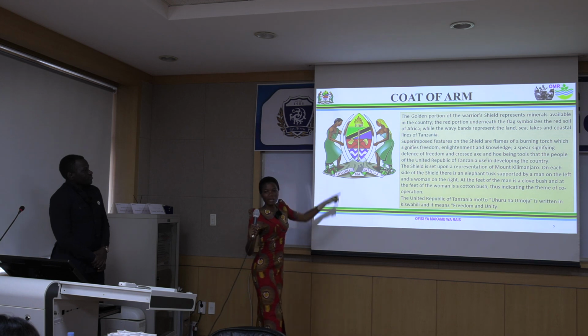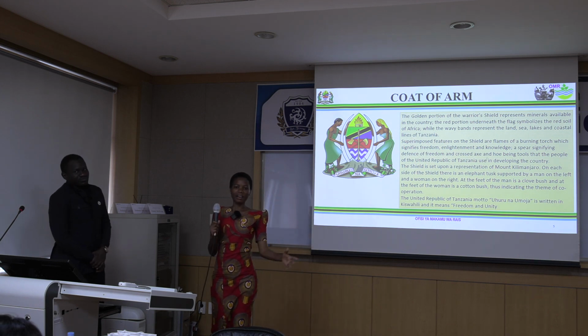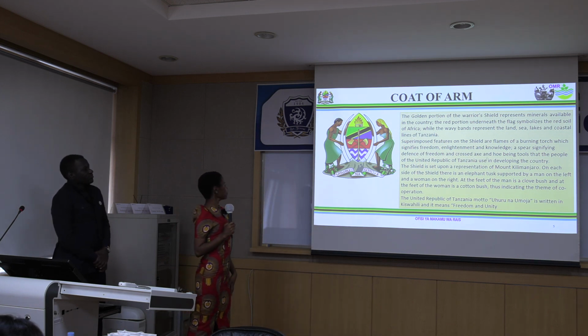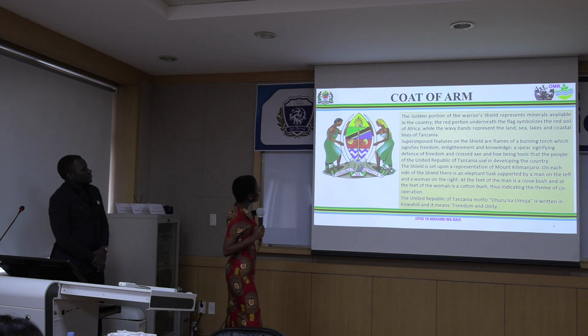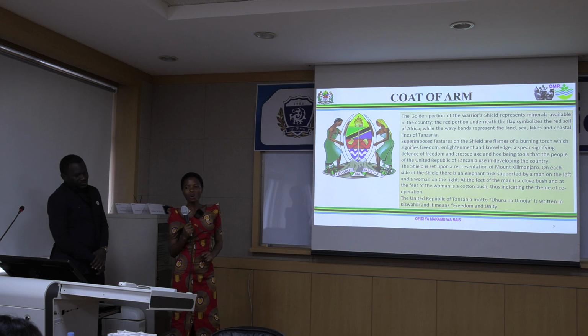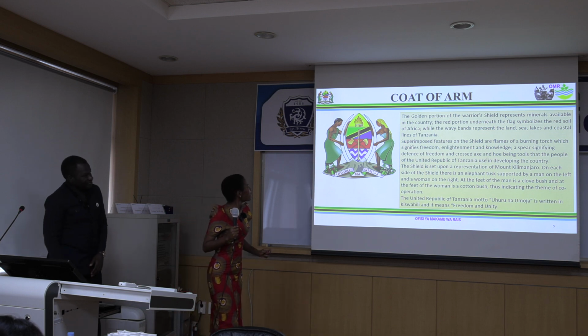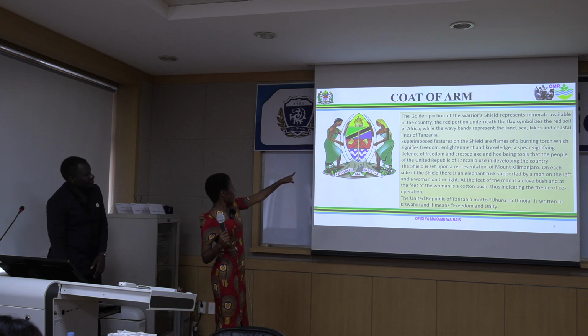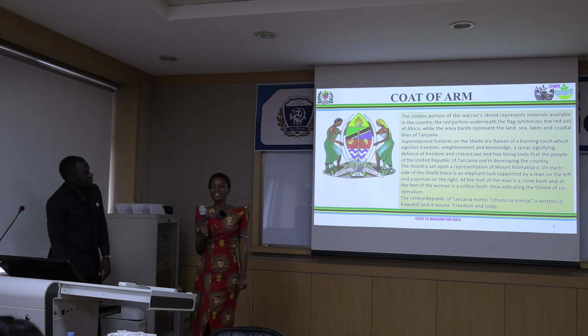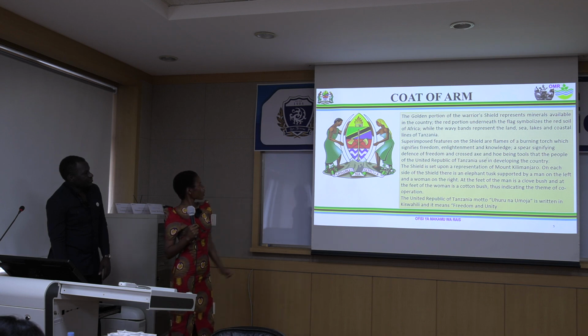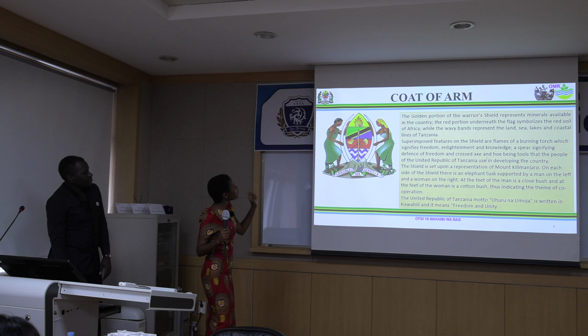Here is Mount Kilimanjaro, the highest mountain in Africa and the second highest mountain in the world. The words Uhuru and Umoja mean freedom and unity. And the red color means richness in the fertile soil of Tanzania.